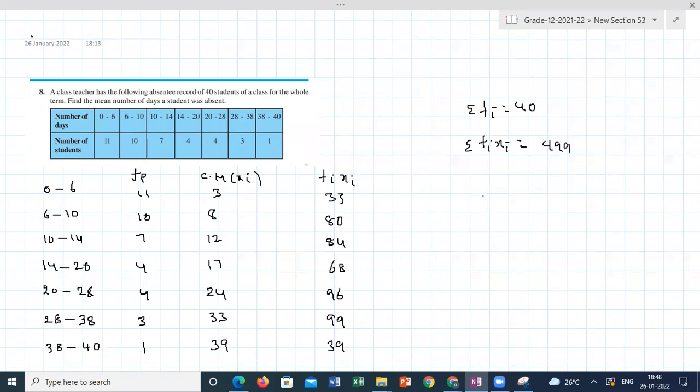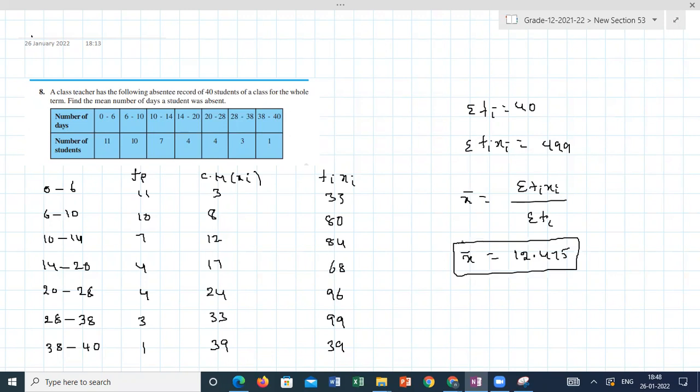So X bar is Sigma Fi Xi by Sigma Fi, 499 divided by 40. The mean is 12.475. Correct or not? Roughly it is 12.48.